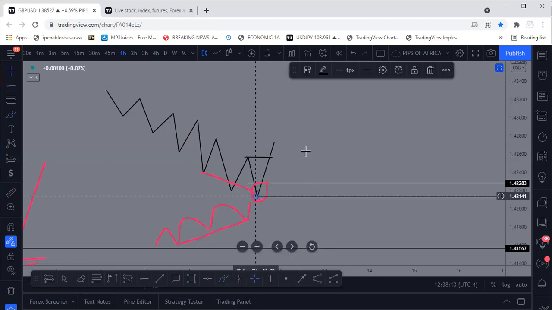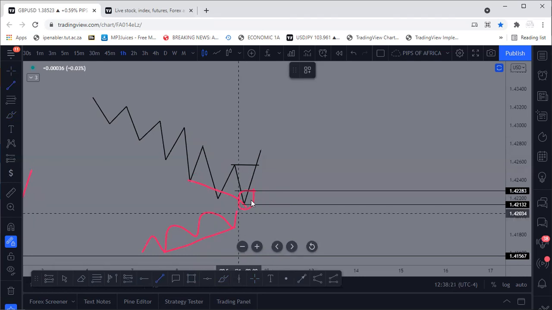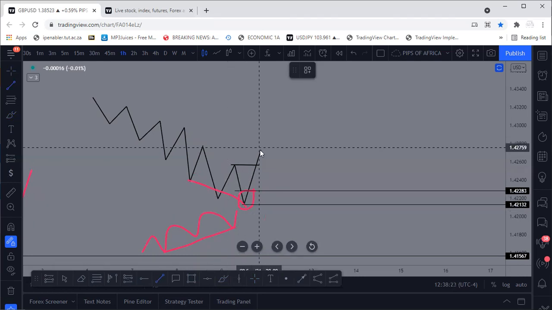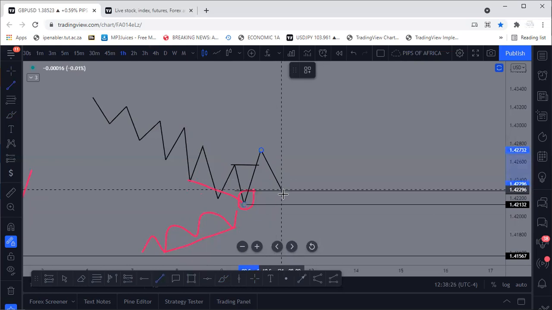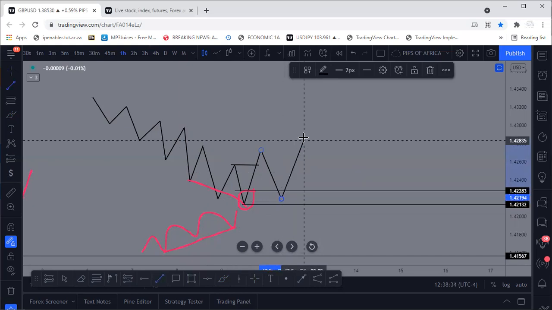This is the order block. Now the price is coming back down. Again, the order block is here. The price is coming back down here, going up, breaking the structure once again.